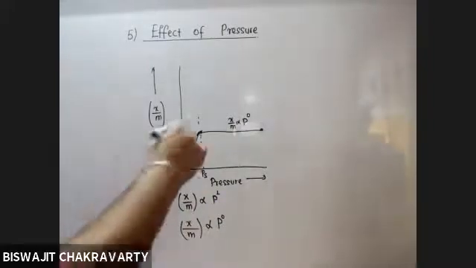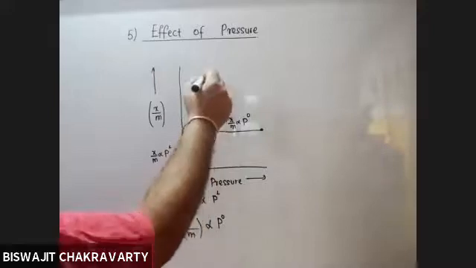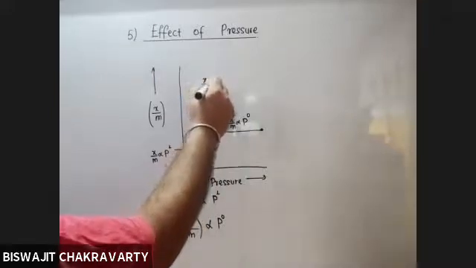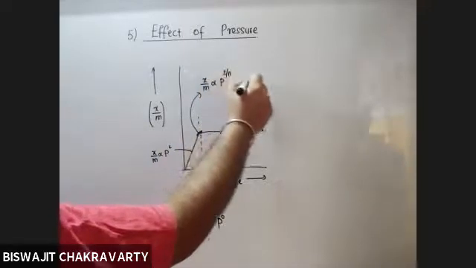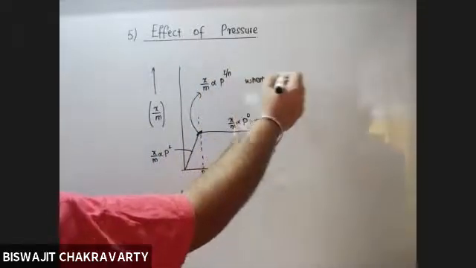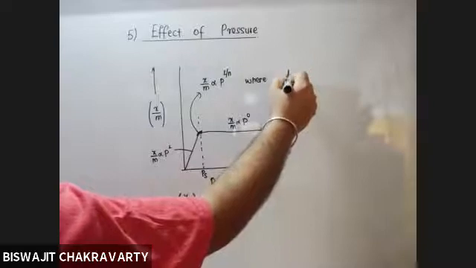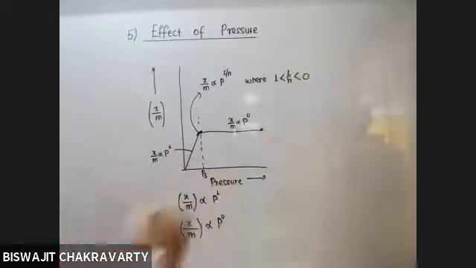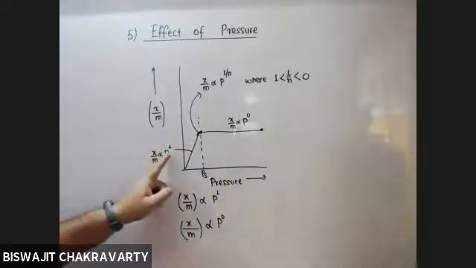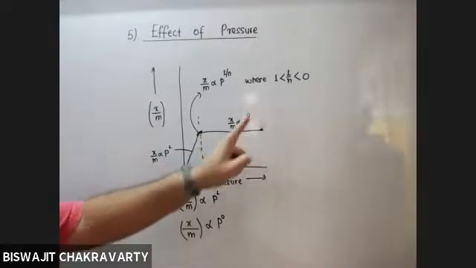So we can say that here x by m will be proportional to P to the power 1 by n, where 1 by n lies between 1 to 0. So this was P to the power 1, this region it is P to the power 0.